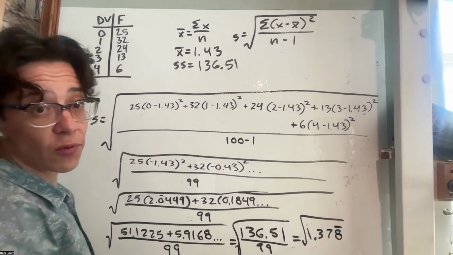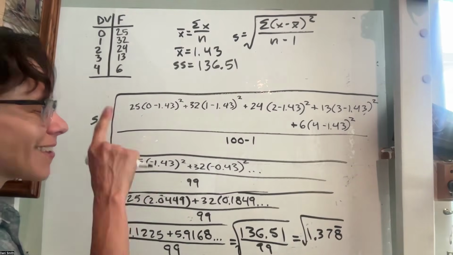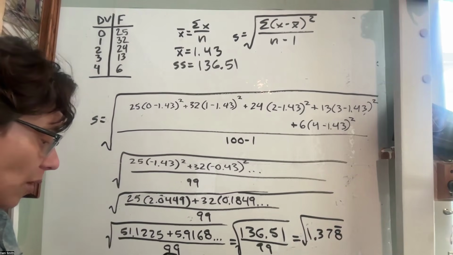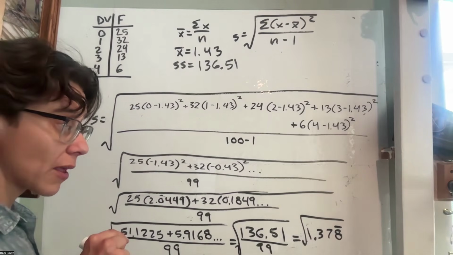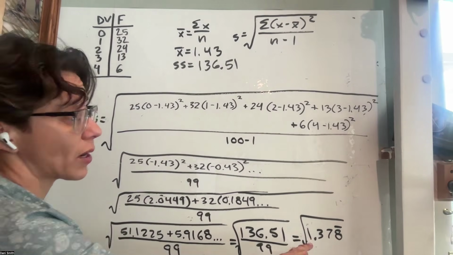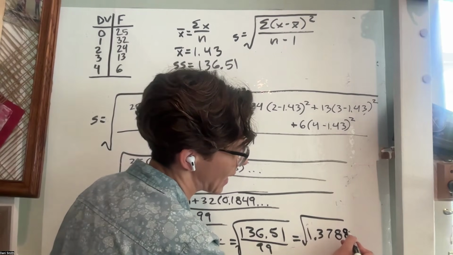So what that rounds to is, well, I don't want to round it yet. I need to take the square root and then round it. When I take the square root of that number, if you type it into a calculator rather than just doing it directly from the thing, you would want to type in at least 1.3788.